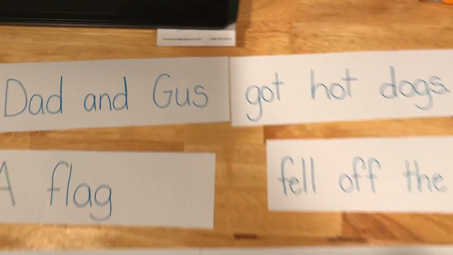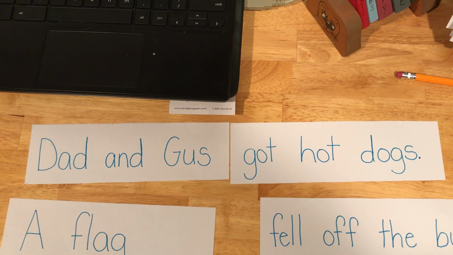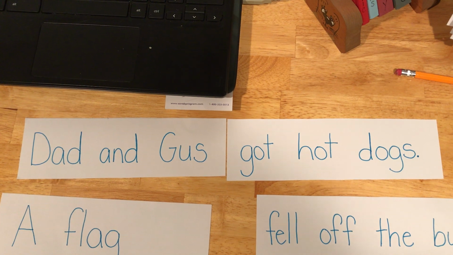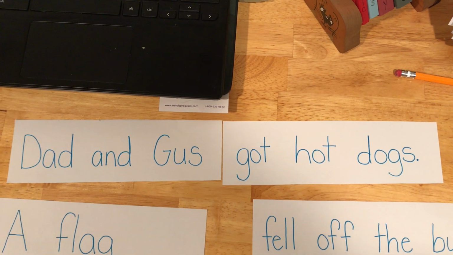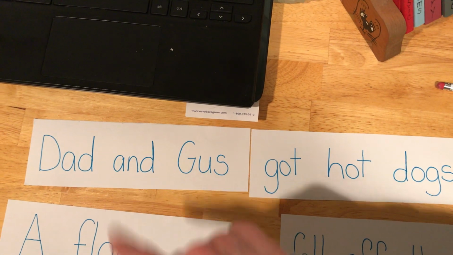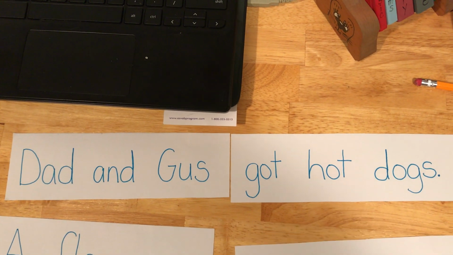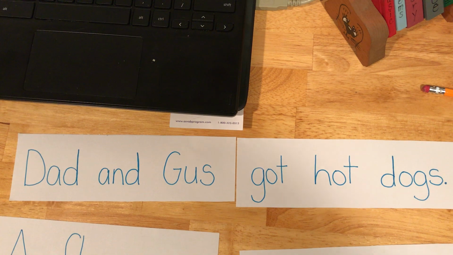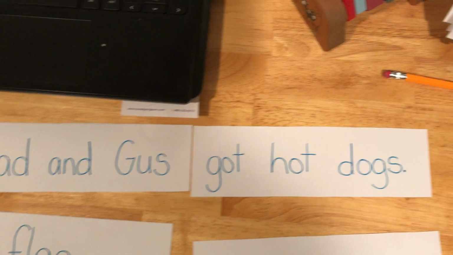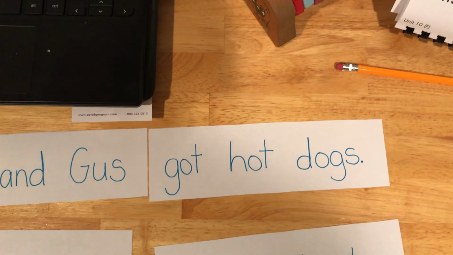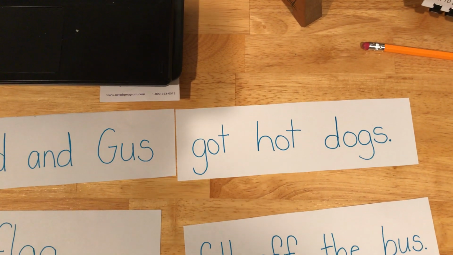Do we have a naming part? What's the naming part? Dad and Gus or got hot dogs? Right. Dad and Gus is our naming part, and the telling part is what they did or something about them. But since Dad and Gus got hot dogs, we know the telling part is something they did.